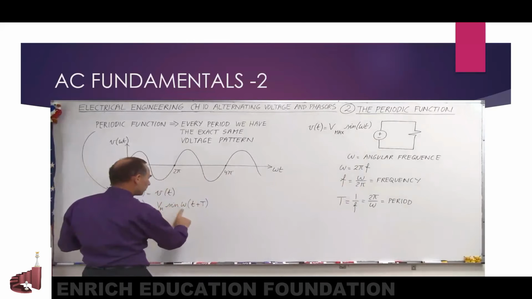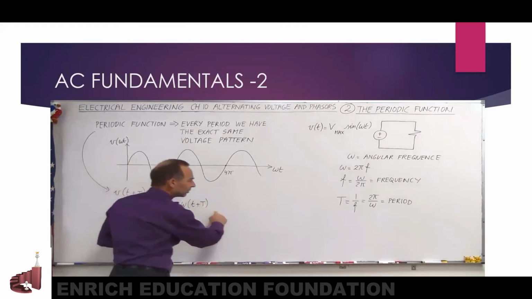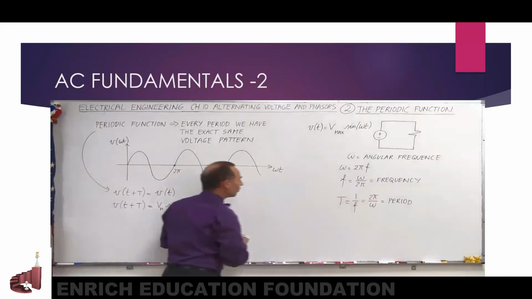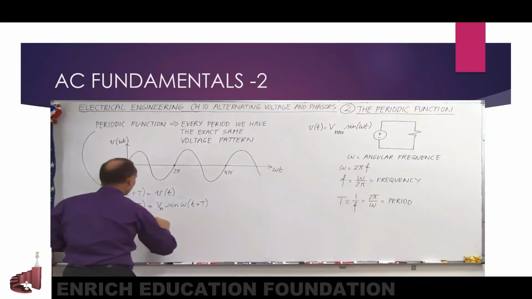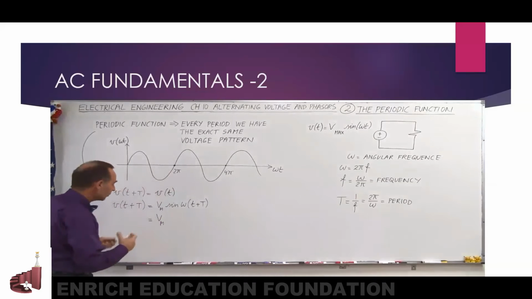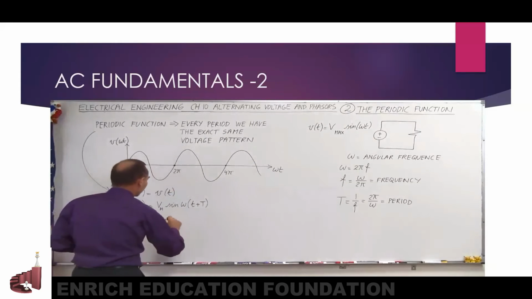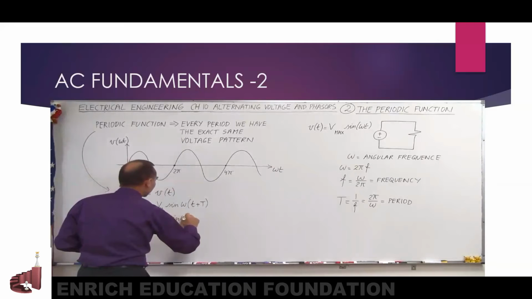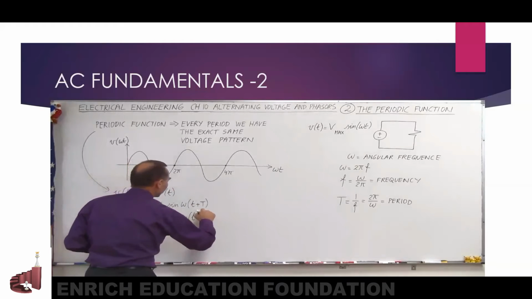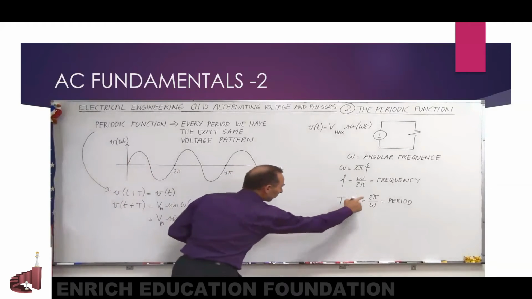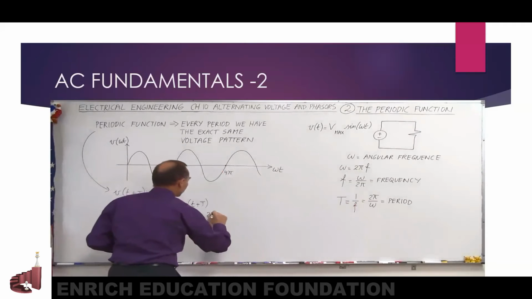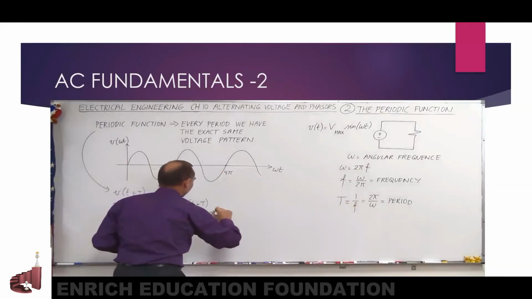Or first, maybe before we do that, let's take the period and write it as 2 pi over omega. So this can be written as V max, and we're just going to use the single letter m to notate maximum voltage, is equal to the sine of omega times t plus, instead of period, we'll write the equivalent of 2 pi over omega.